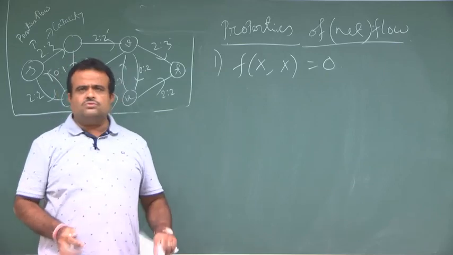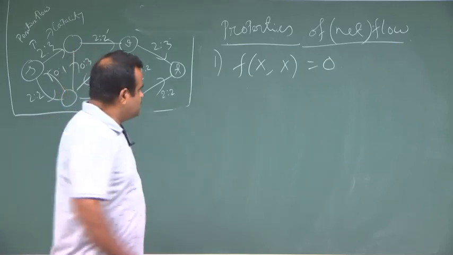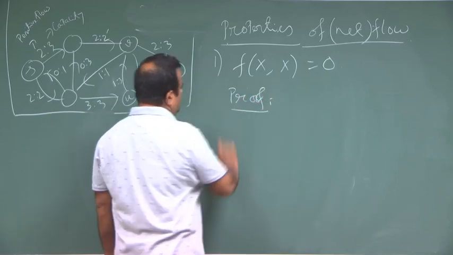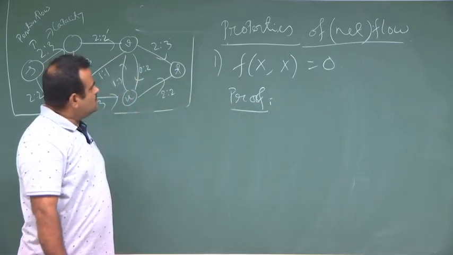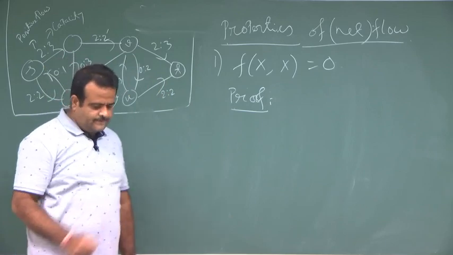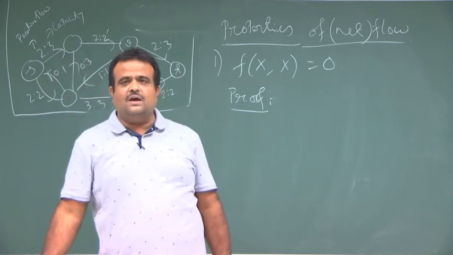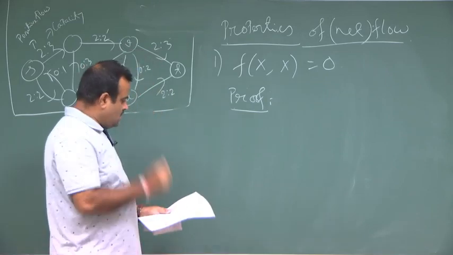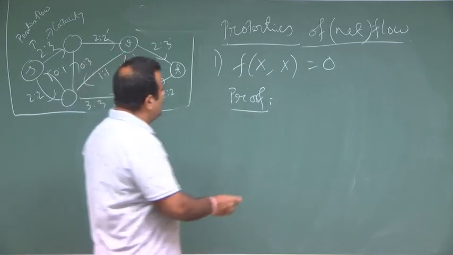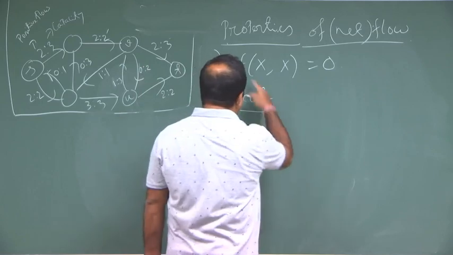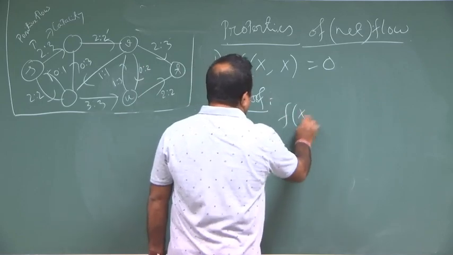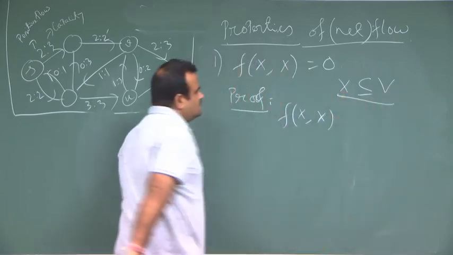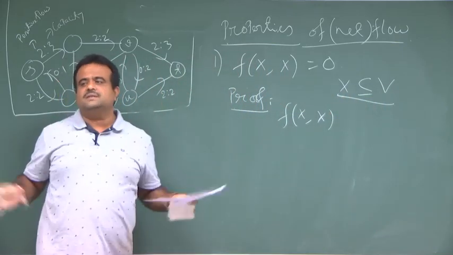How do we prove this? f of s comma s is 0. To prove this, what is f of s comma s? This is basically a double sum. S is a subset of V, it contains some of the vertices.